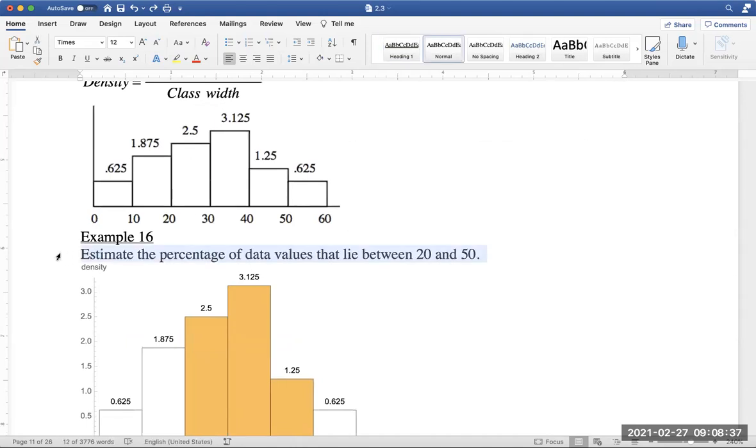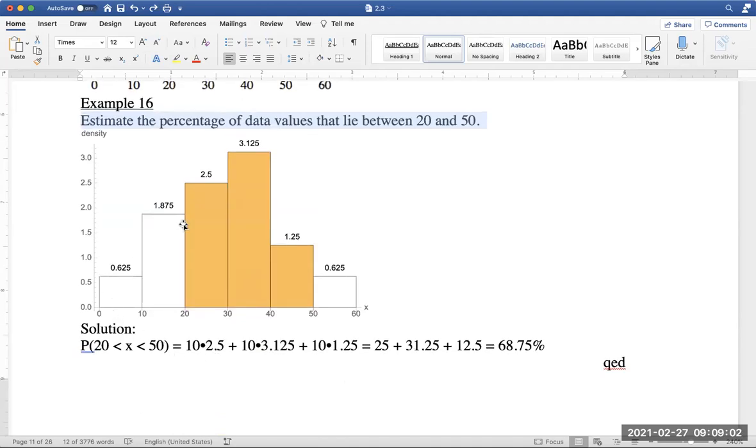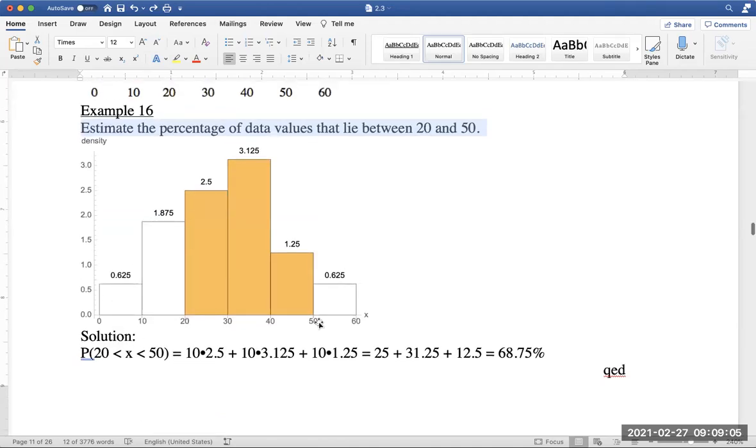Estimate the percentage of data values that lie between 20 and 50. I just want to find the area between 20 and 50. The heights are 0.65, 1.85, 2.5, 3.125, 1.25, and 0.65. Area for a rectangle is base times height.